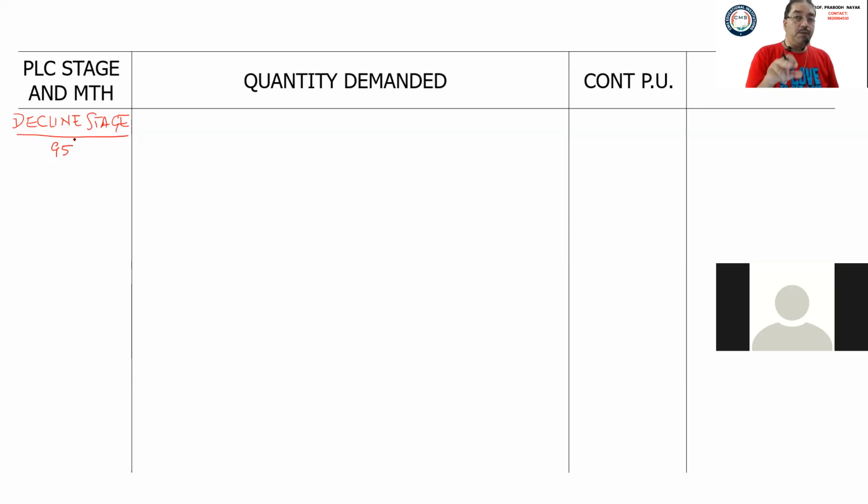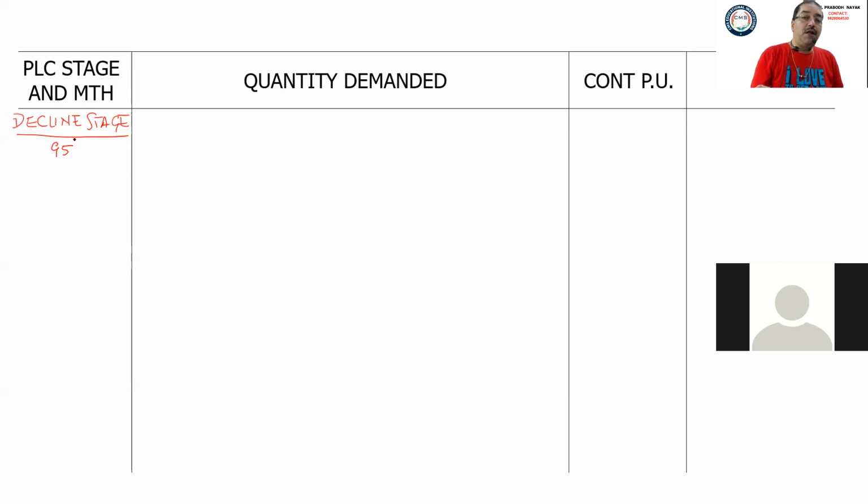The new competitor comes. Look in your question, 21,500. I have underlined that. So whatever is the new demand of the new seller, minus that from 21,500 is the demand that my company's products will have.